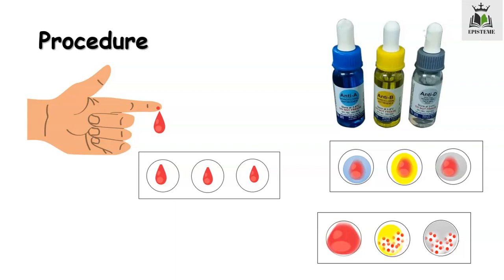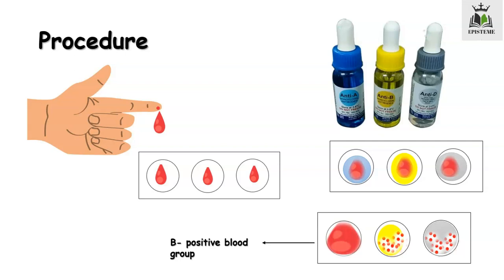One example I am showing here is for a person, and you see that the agglutination occurred in the second and third circle. This indicates that the blood group is B positive. Now why is that?